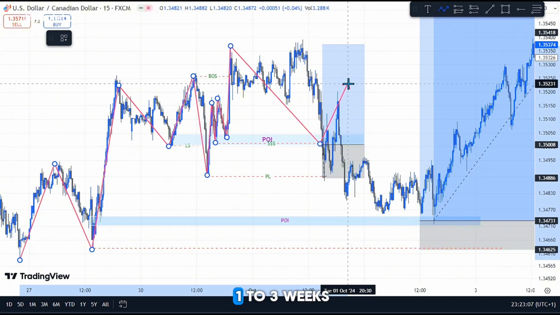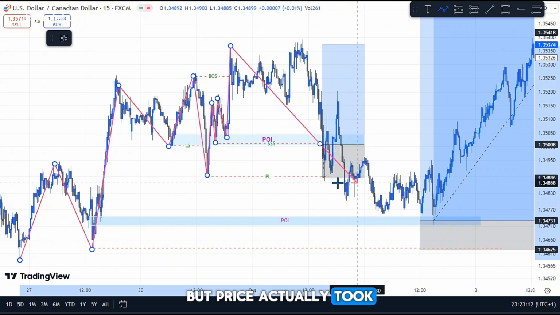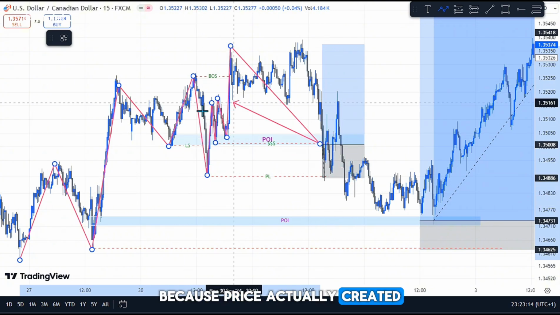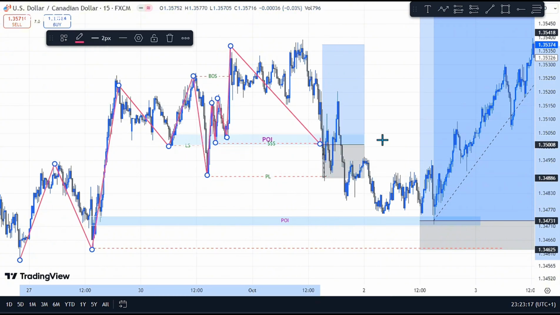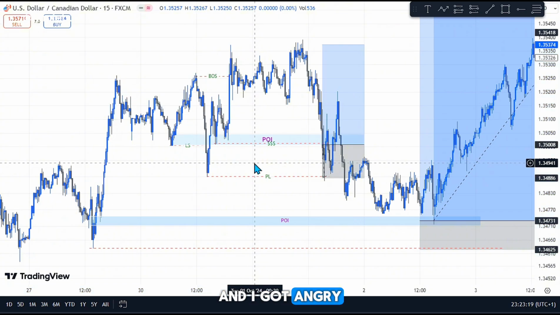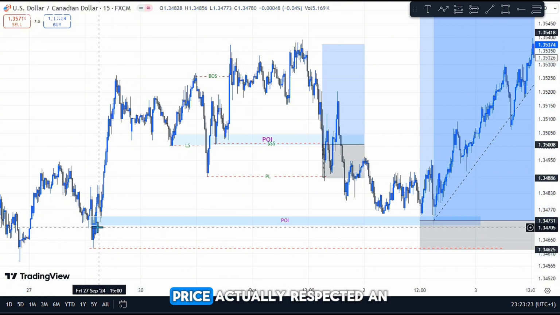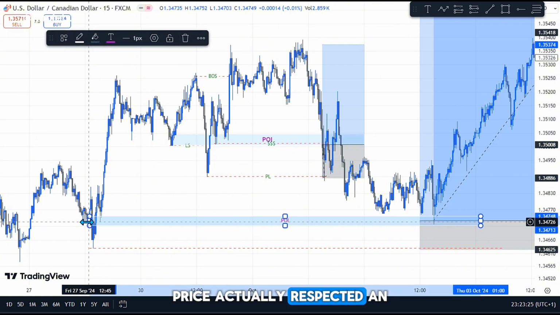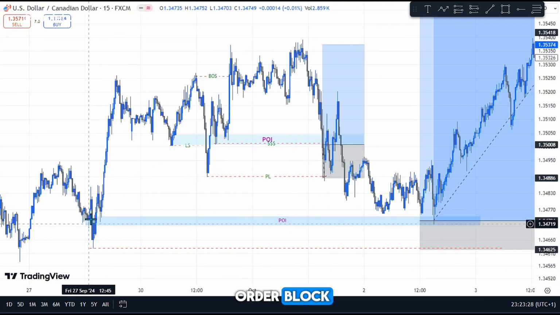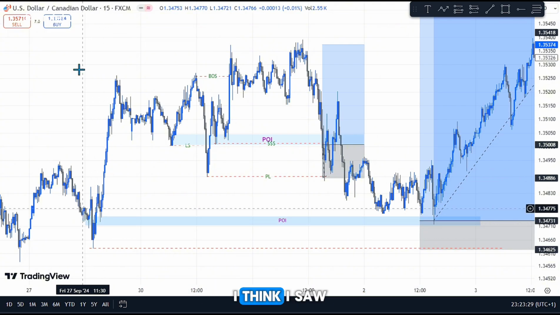I already set a 1 to 3 risk to reward ratio, but price actually took us out because price created all these lows as liquidity, and I got angry and left the trade. I just wanted to come back later to see that price actually respected an order block at this zone. I think I saw this order block.